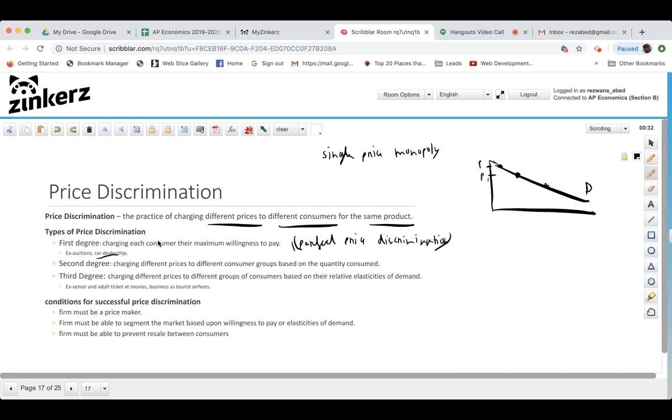Also, another example of third degree price discrimination happens with airline tickets, right? Business travelers usually pay a higher price than tourists for airline tickets, because if you think about it, tourists usually purchase their airline tickets in advance of their travel. Also, a tourist will usually go somewhere and stay over the weekend, and that makes the price a lot cheaper.